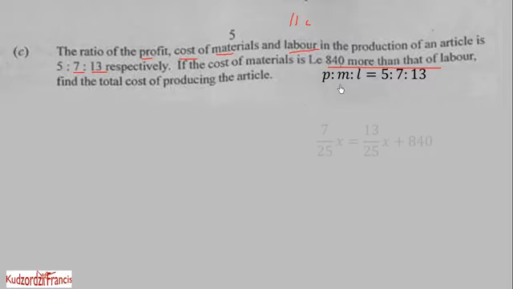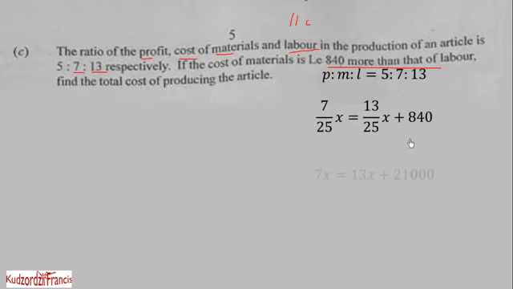So let the cost of producing the article be x. Then the cost of material will be 7/25 times x, because the total ratio is 25. Then the cost of labor will be 13/25. Because they said the cost of material is 840 more than labor, you need to add 840 to the cost of labor in order to equate the cost of materials.